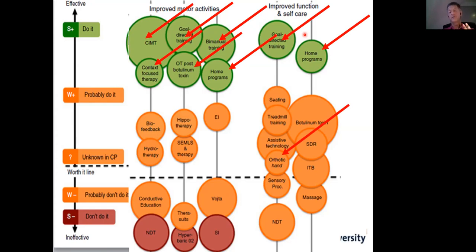But using orthotics, so the splints and the casting and that level, didn't show a lot of effects, so it's still almost unknown. And if you look under the dotted line related to treatment, so both neurodevelopmental treatment and Bobath treatment, Vojta, sensory integration didn't show effect at this level.